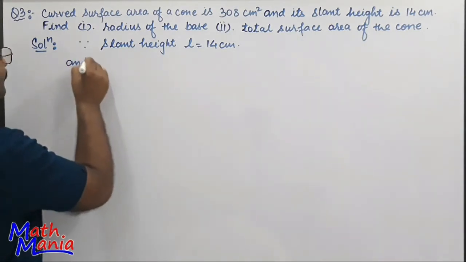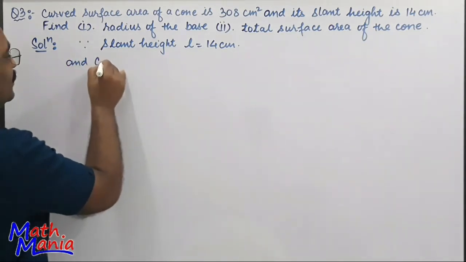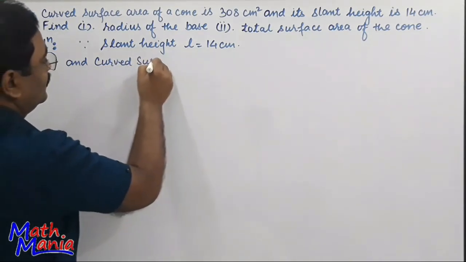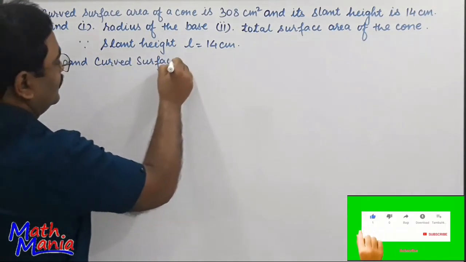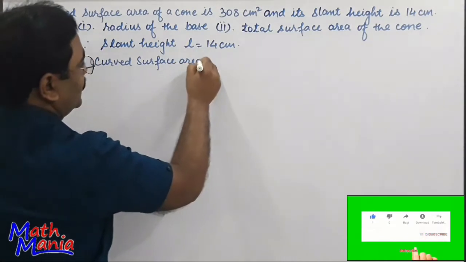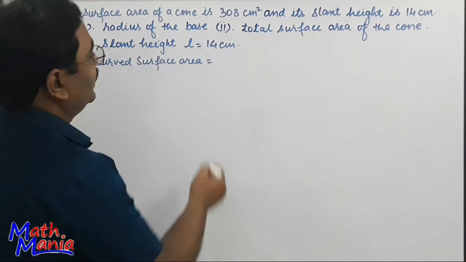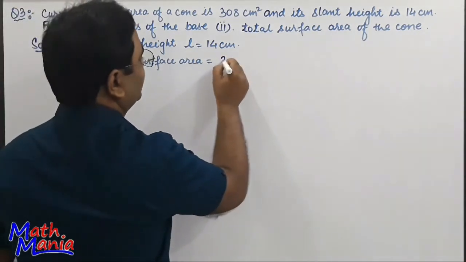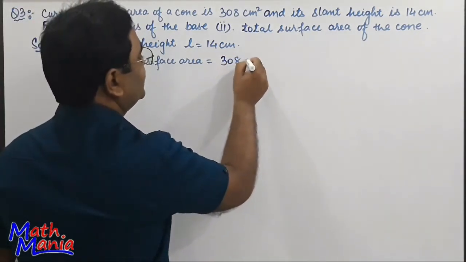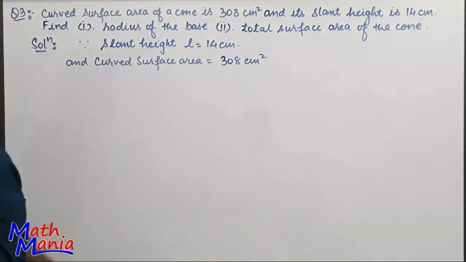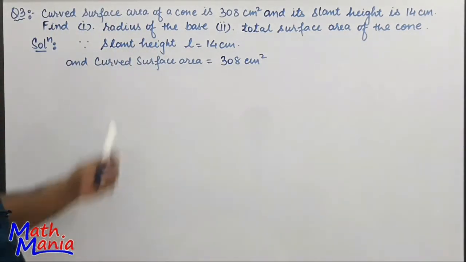Curved surface area is equals to 308 centimeter square. Right friends? So we need to apply the formula of curved surface area.